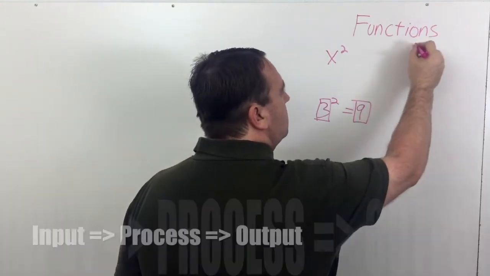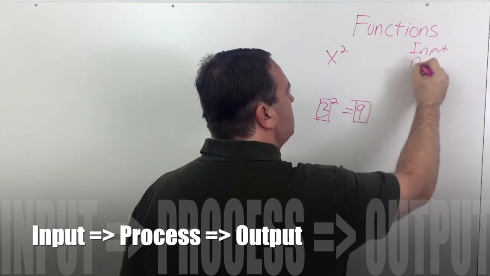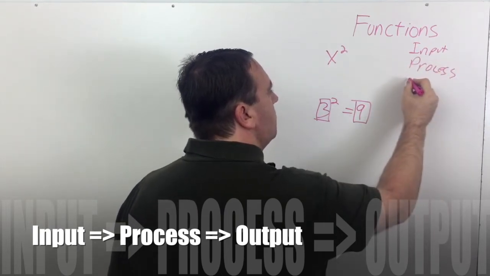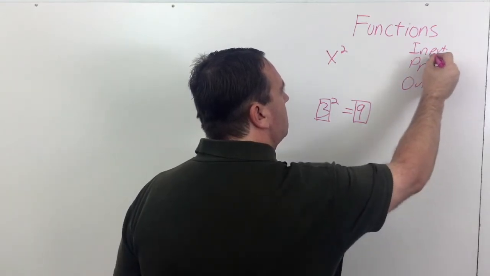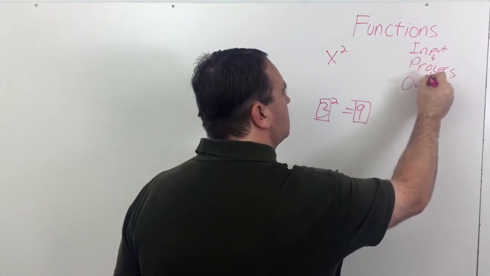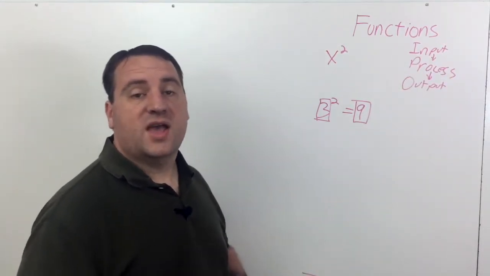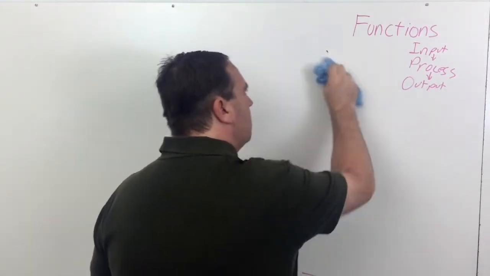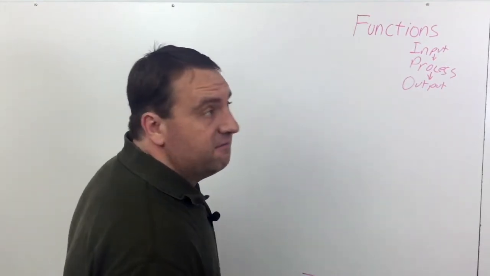So you have an input, you have a process, and you have an output. Input, process, output. Okay? So functions usually have a name. And if we don't know what to name our function, usually we just do the generic f.